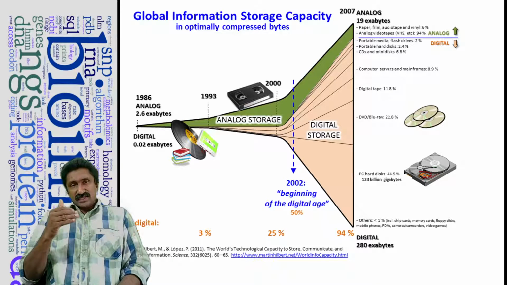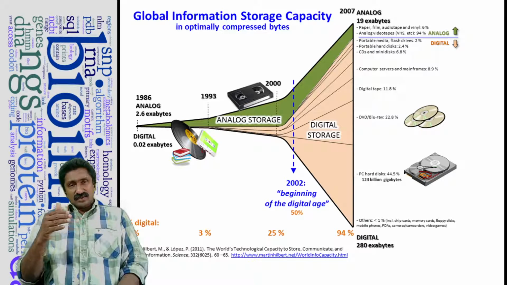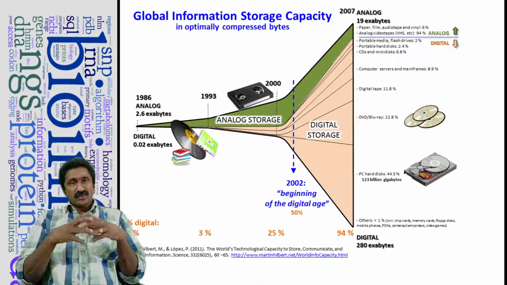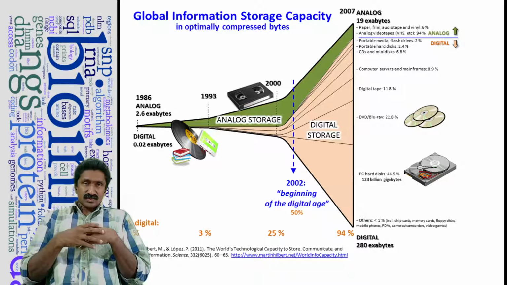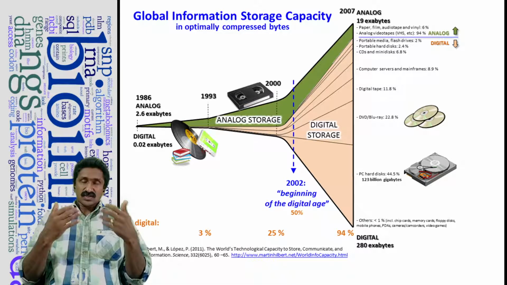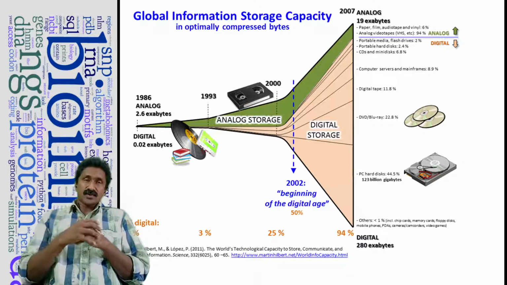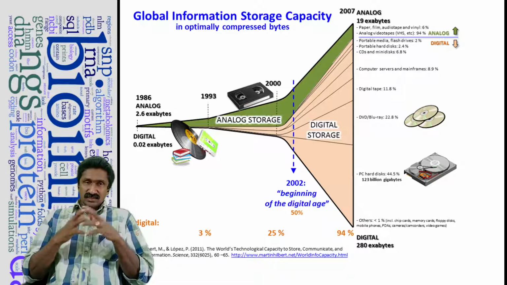When we come to the 1993 to 2000 period, we have devices like electromagnetic tapes, analog storage devices. Again, the storage capacity was mainly focused on such analog devices, not on digital devices.